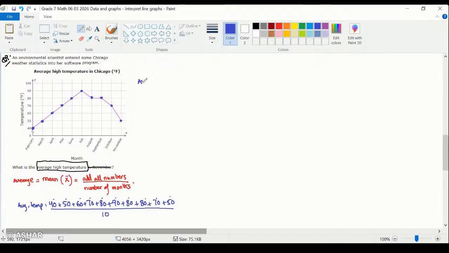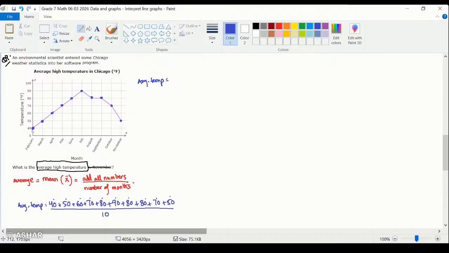Therefore, the average temperature comes out to be, let's add the numbers together. 40 plus 50, right? 90 plus 60 plus 70. I'm using a calculator just to make my life simple. 90, 80, 80, 70 and 50, right?